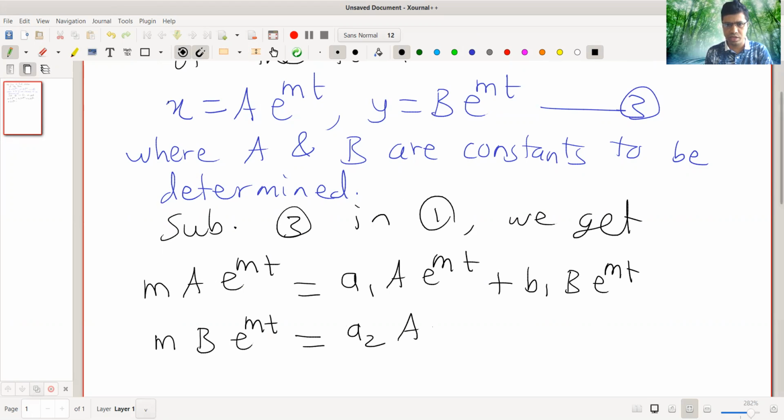So a2 into a e raised to mt plus b2 into y, that is b e raised to mt.